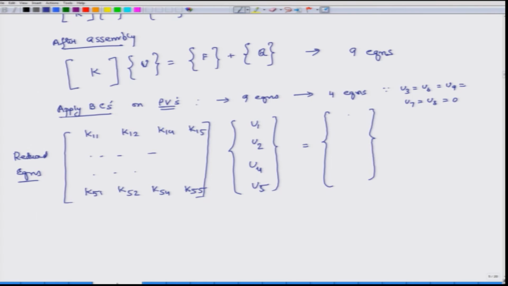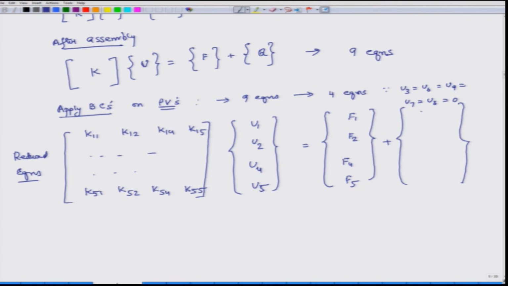And here I get F1, F2, F4, F5 plus some Q terms, right. So this will be Q, and I will not write the global thing.